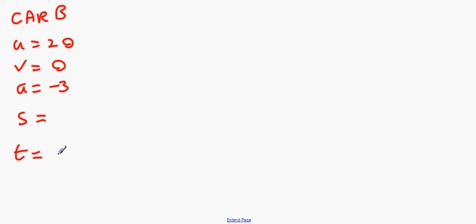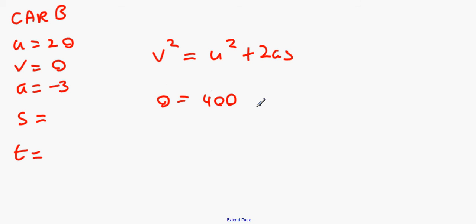So for car B we can use v squared equals u squared plus 2as. 0 equals 400 minus 2as, which is minus 6s. So s equals 400 divided by 6, which is 200 divided by 3 meters.